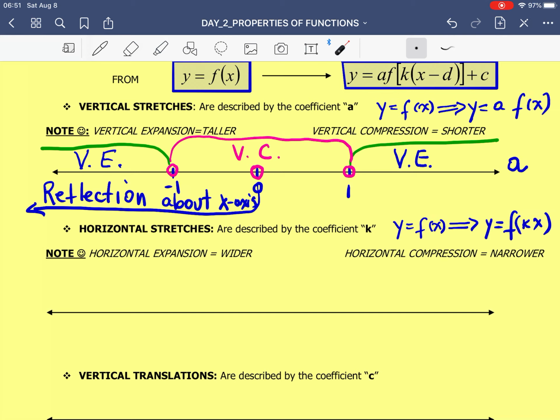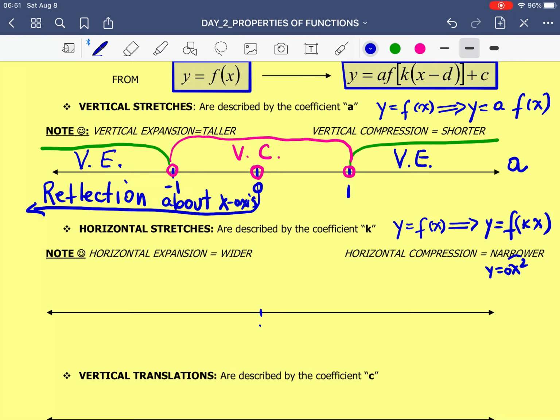So if k is equal to 0, that might change the meaning of the function, because very often the term that contains x carries the nature of the function. Let's say, for example, y equals x squared, right?